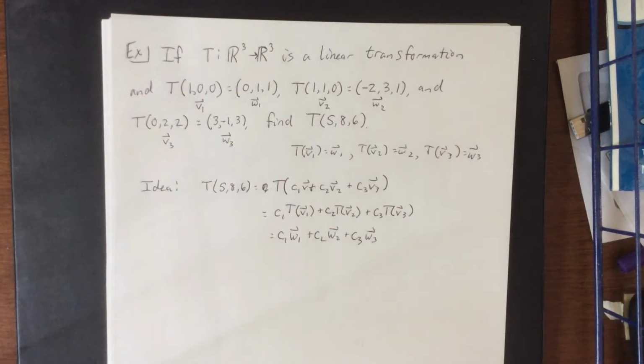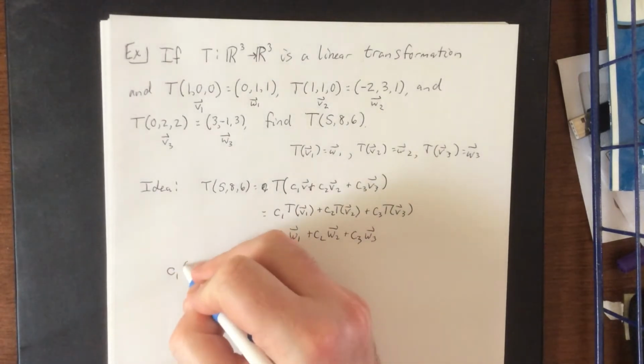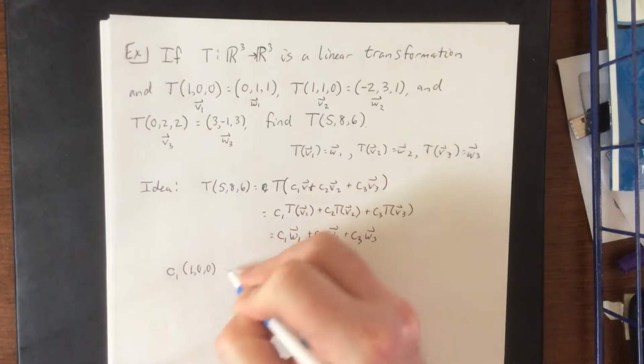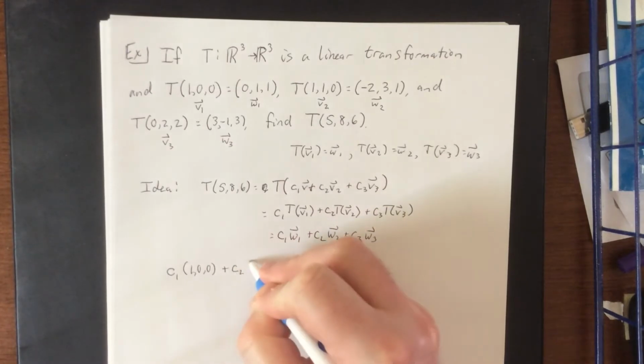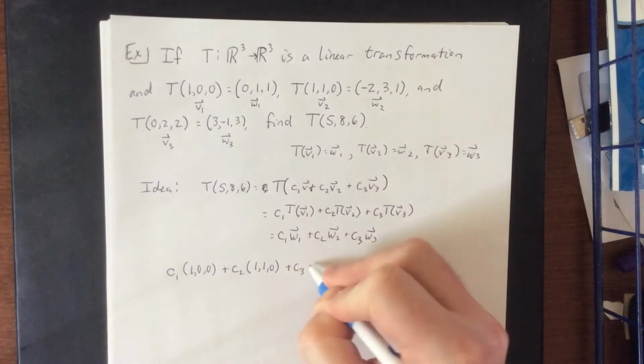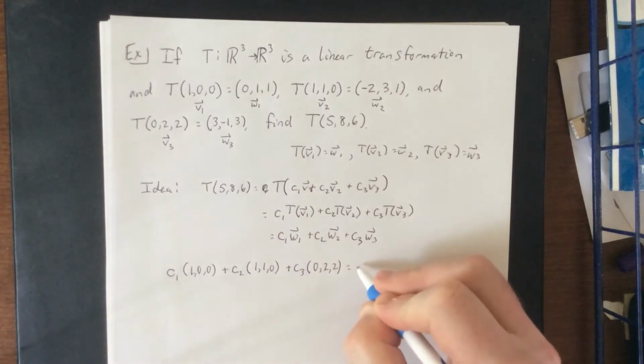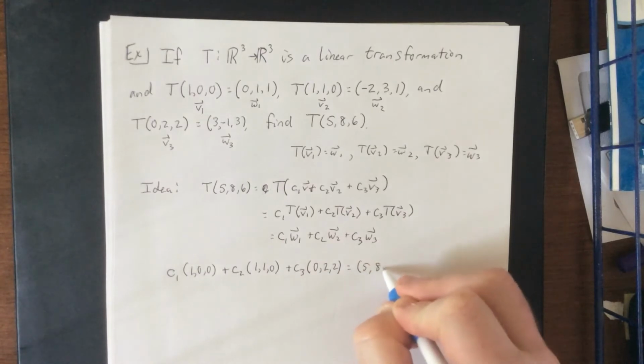Now this all starts with our ability to express 5, 8, 6 as a linear combination of V1, V2, and V3. So let's start there. So we'll say C1 V1 plus C2 times V2 plus C3 times V3 is going to be equal to 5, 8, 6.